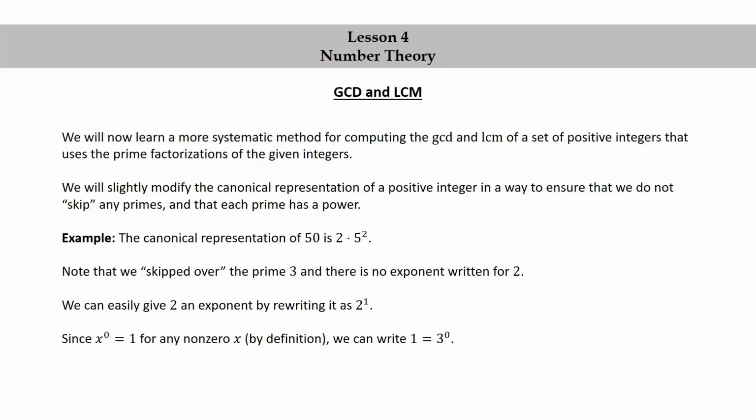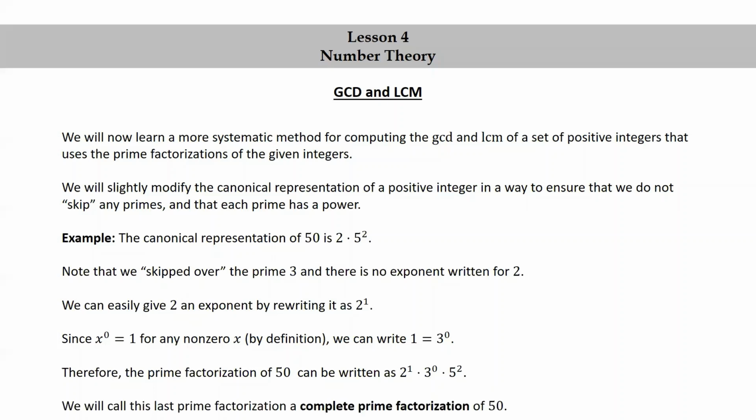Since x to the 0 is equal to 1 for any non-zero x, by definition, we can write 1 equals 3 to the 0. Therefore, the prime factorization of 50 can be written as 2 to the 1 times 3 to the 0 times 5 to the 2. We will call this last prime factorization a complete prime factorization of 50.